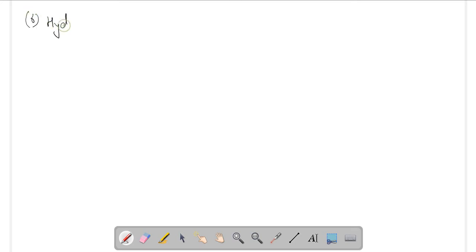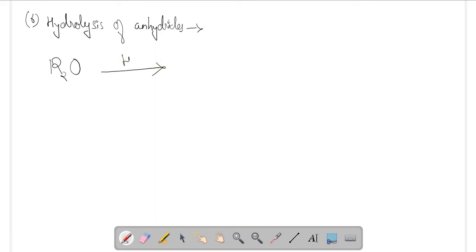Hydrolysis of anhydrides. So there what will happen, RCO twice O, that is R2O, on hydrolysis will prepare 2 RCOOH. Okay, so here one example can be taken out, CH3. Okay, sorry, I have written the wrong formula here.